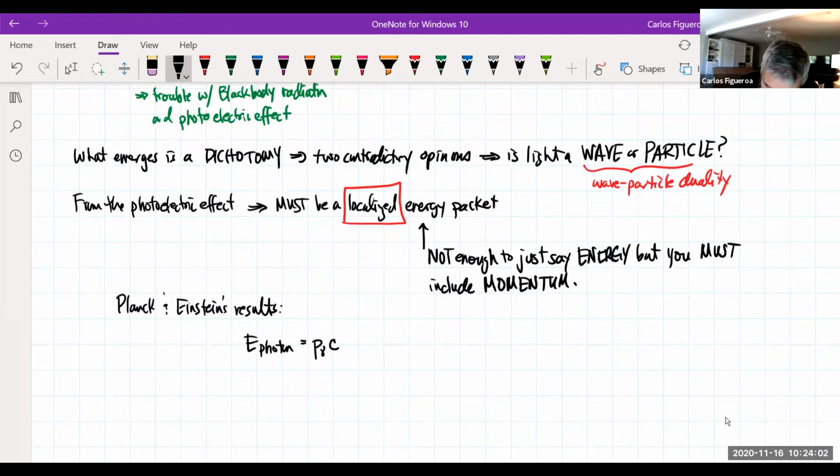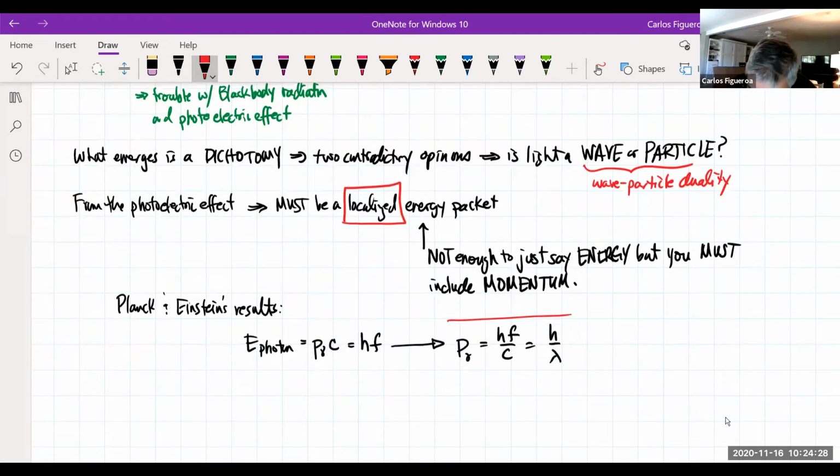But at the same time, if we look at Einstein via Planck, Planck really kind of set that thing up, you could see here that the momentum of a photon then should be related to this quantity, which is of course this guy now.